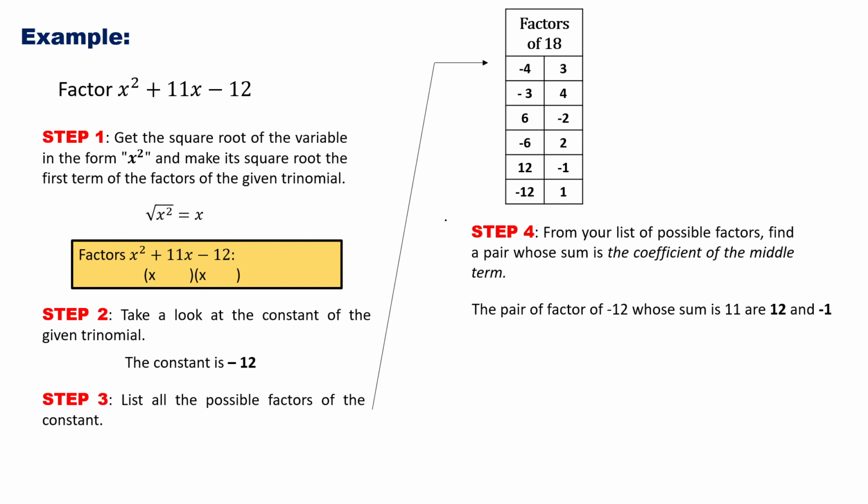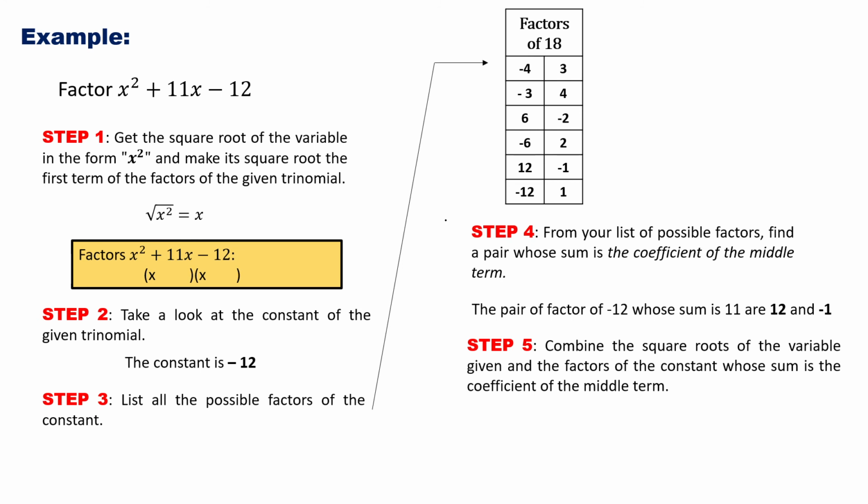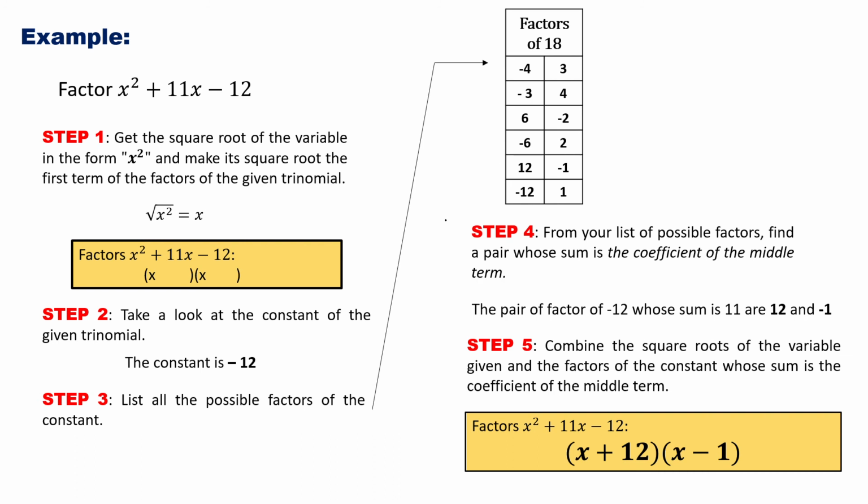And since na-identify na natin yan, let's now combine the square roots of the variable given and the factors of the constant whose sum is the coefficient of the middle term. We have x plus 12 and x minus 1. And that's all for factoring a trinomial in the form x squared plus bx plus c.